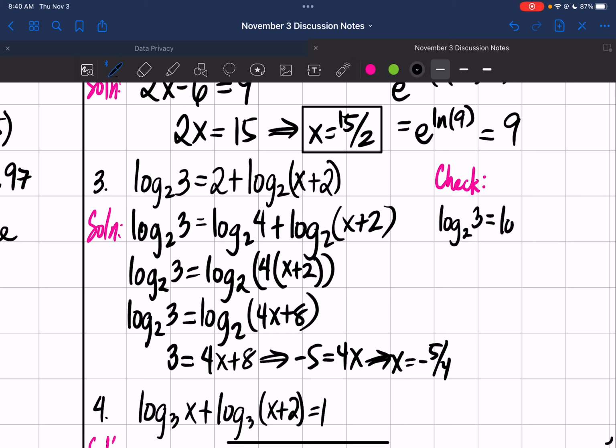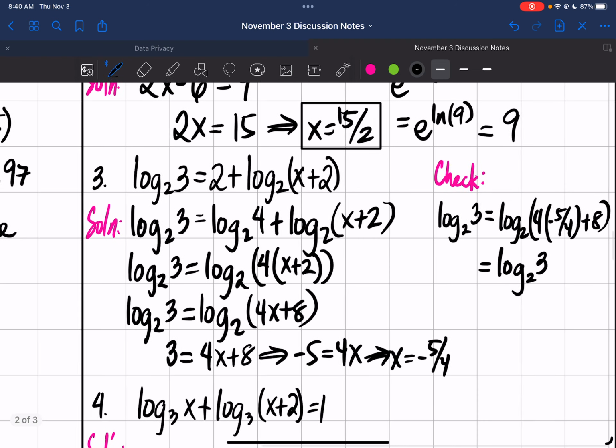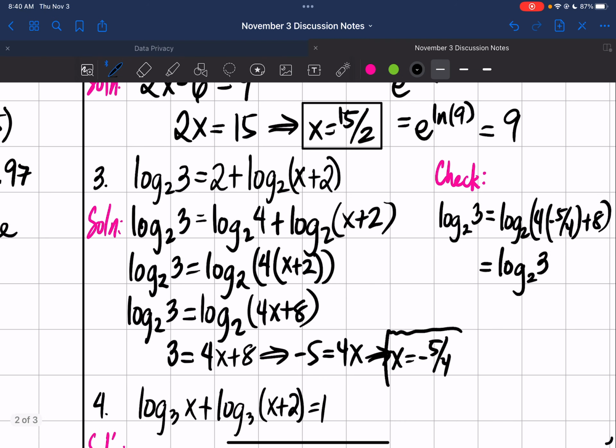So, this is log base 2 of 4 multiplied by negative 5 over 4 plus 8. So, this one, class, 4 multiplied by negative 5 over 4 gives us negative 5 plus 8. So, that's log of 3 base 2. So, I hope this example is clear.